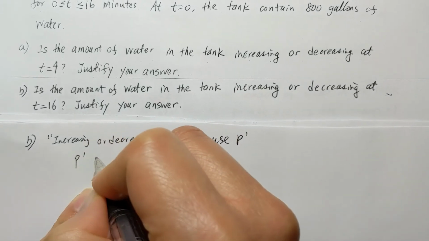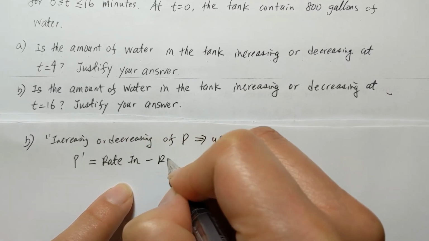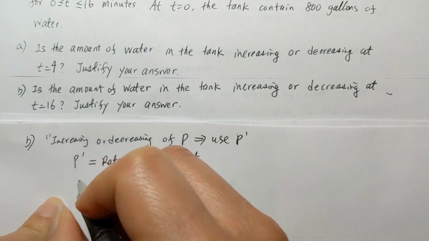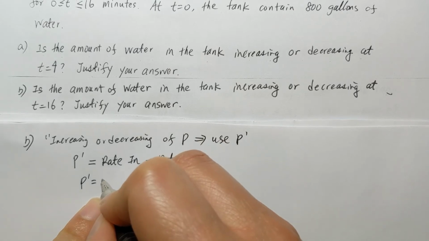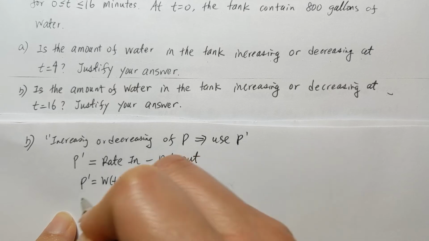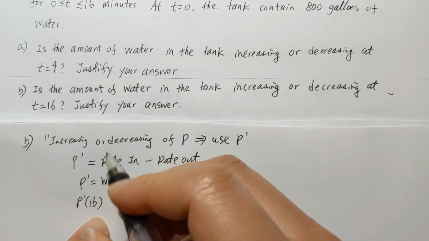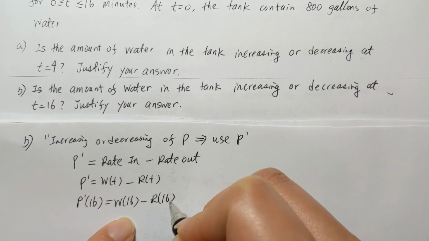So P prime equals the rate in minus the rate out. We already proved it in the very beginning. Then P prime equals W of t minus R of t. So P prime of 16, because we're going to talk about 16, equals W of 16 minus R of 16.